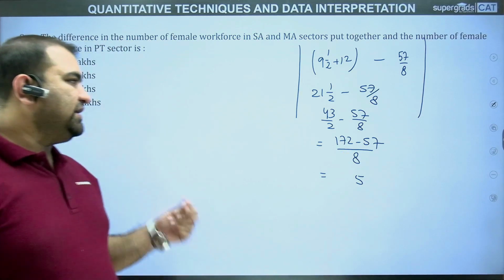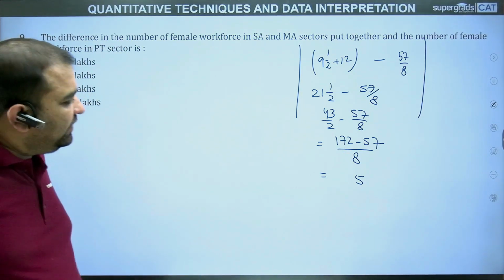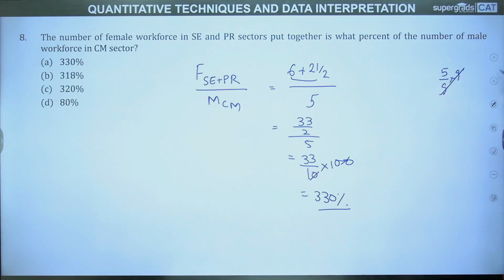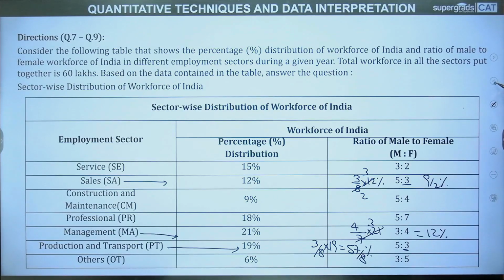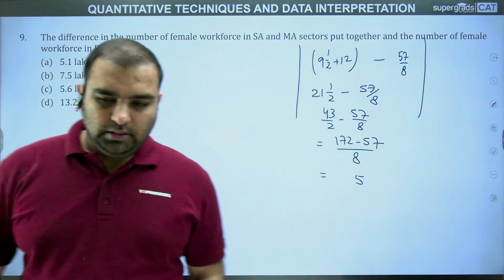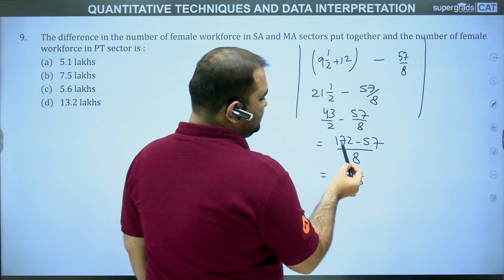I think it looked a bit more, let me check it again. Okay, let's continue. Only calculations are remaining. That is not a big deal. 12 minus 7, 5. It will become 6 minus 5, 1.